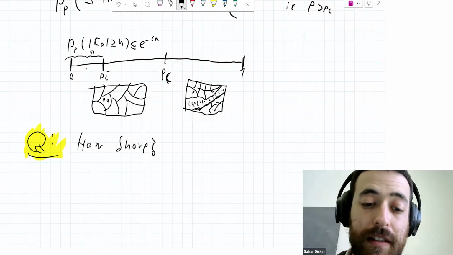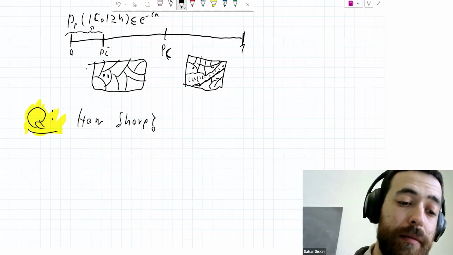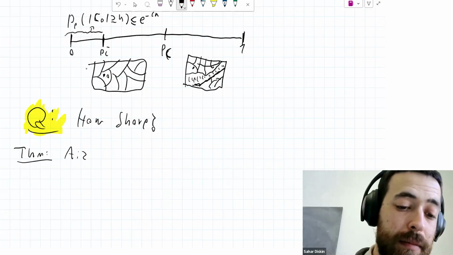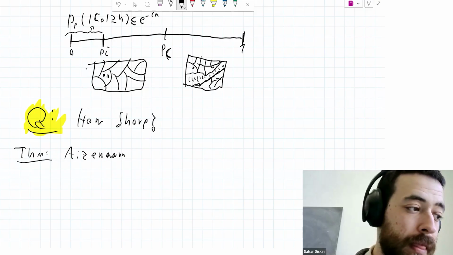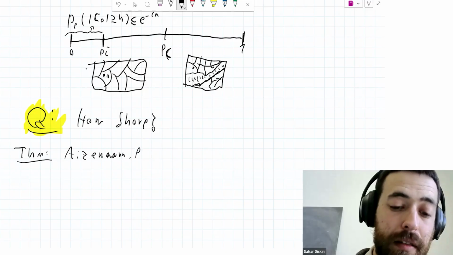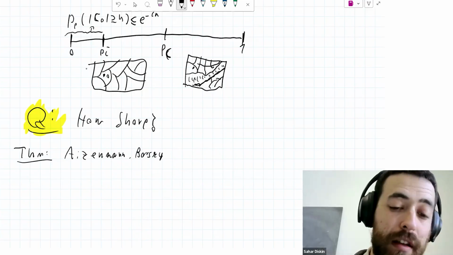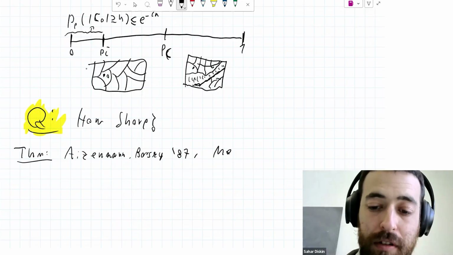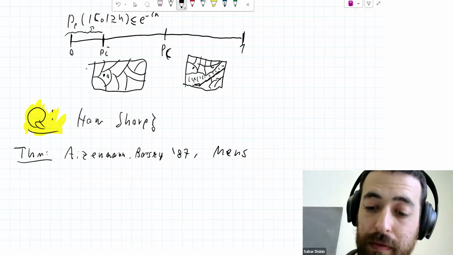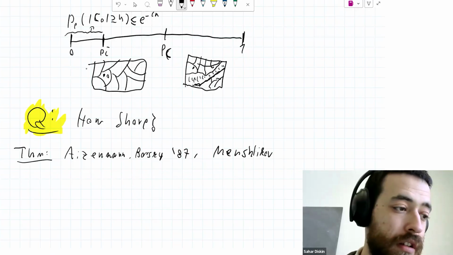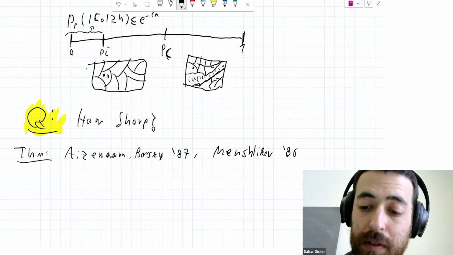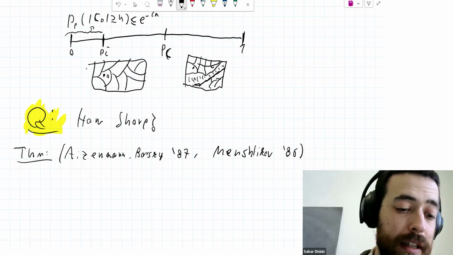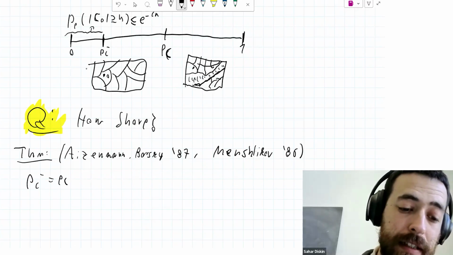And one of the first biggest results, so this is a theorem due to Aizenman, Barsky, from '87, and it was the Cold War, so also actually before them, Menshikov showed it, in '86 if I'm not mistaken, says that for Z^d, we're only talking about Z^d right now, p_c minus is exactly the same as p_c.